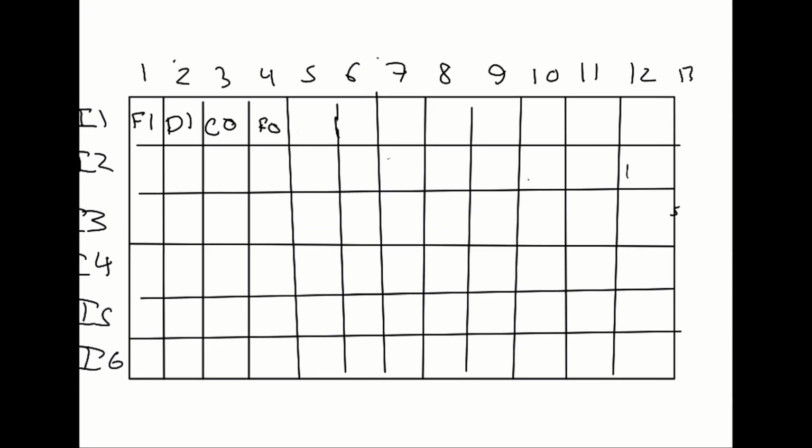So we got our pipeline: fetch instruction, decode instruction, compute operand, fetch operand, but that takes twice. So we have an idle here. We're just waiting for the fetch operand to finish. One way to draw it is just to do this with the idle. Another way is you could just merge these two things, but this might be misleading. So I think a much better way of explaining this is just to put the word idle here.